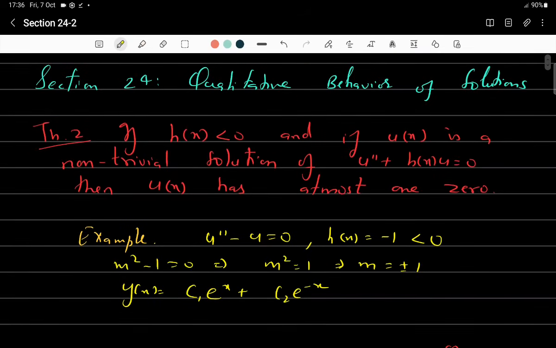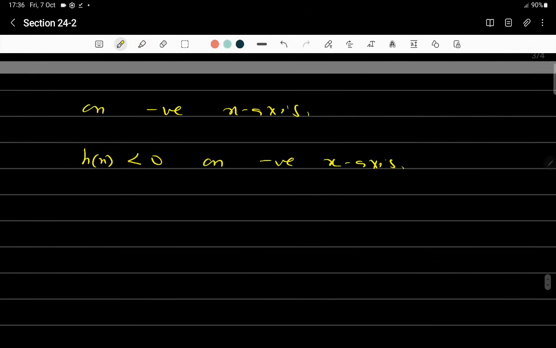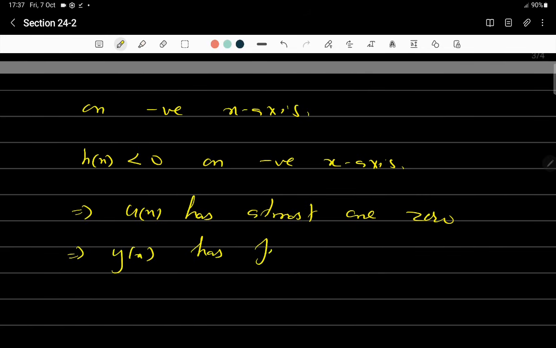It says that if h of x is less than 0, then u of x has at most 1 zero. So h of x is negative, it means u of x has at most 1 zero, which implies y of x has at most one zero.